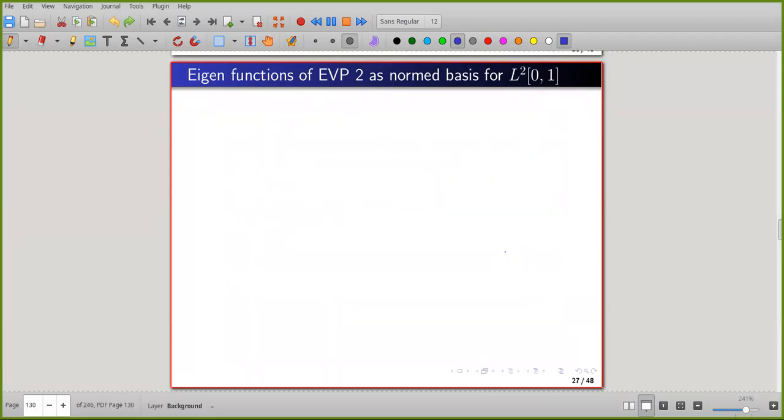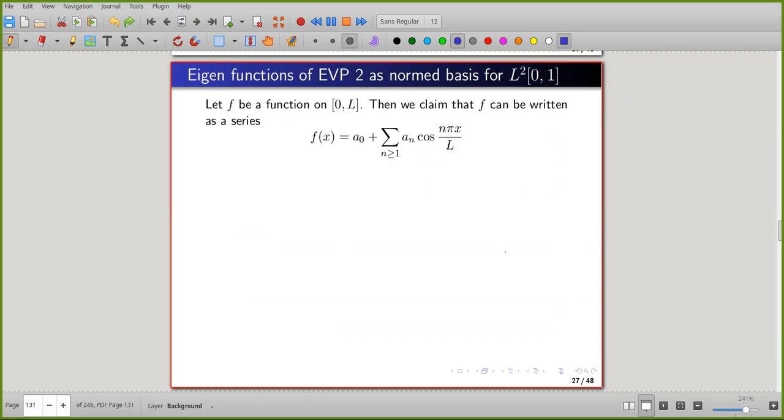Eigenfunctions of EVP2 as norm basis of L2 of 0, L. So now we are going to give another orthogonal basis. Let f be a function on 0, L. Then we claim that f can be written as a series, f of x equal to a0 and so on.